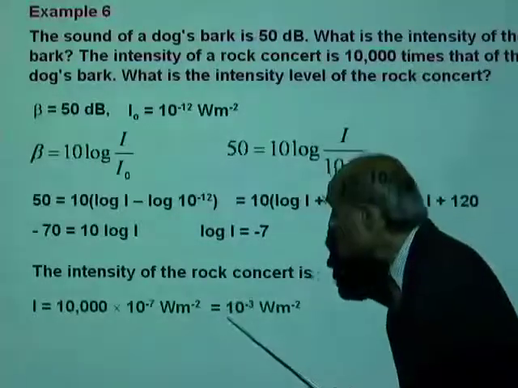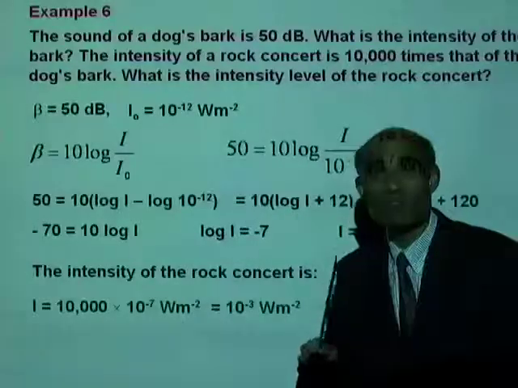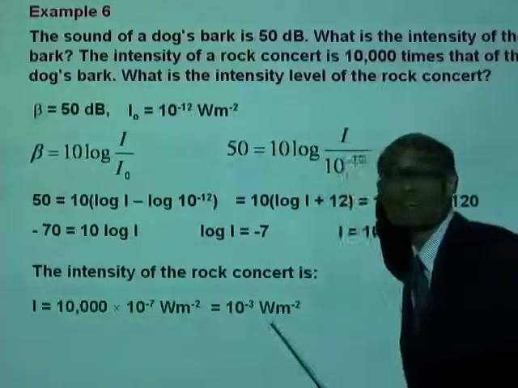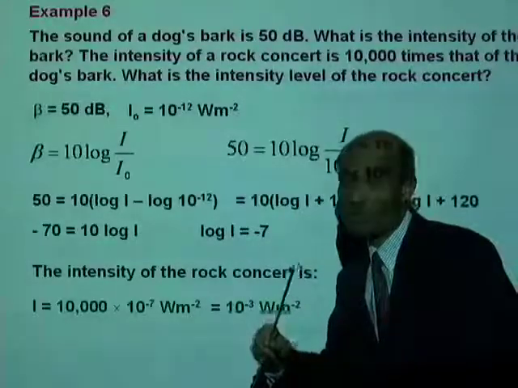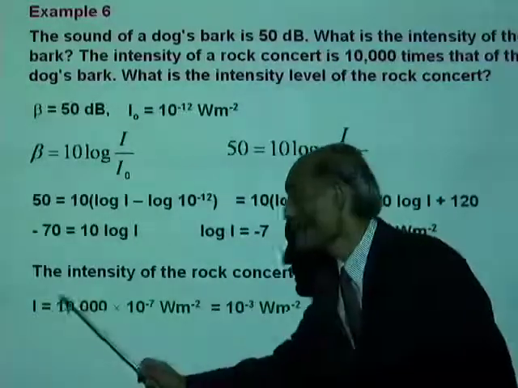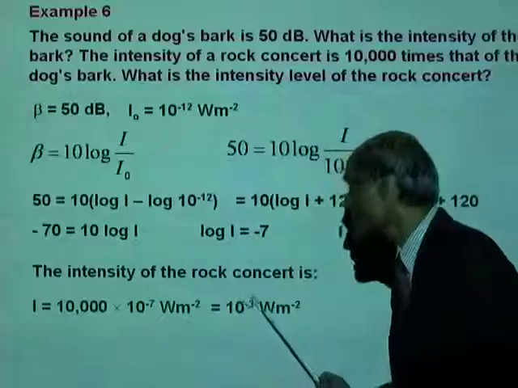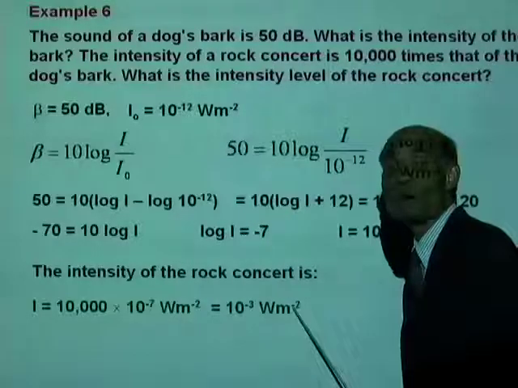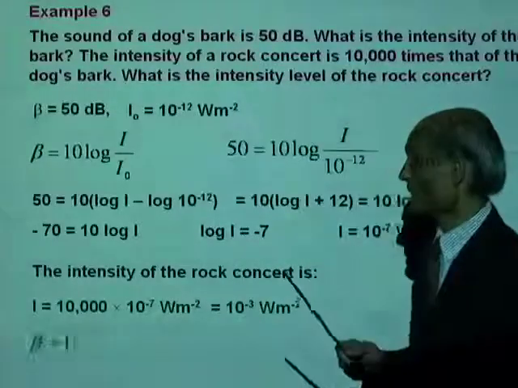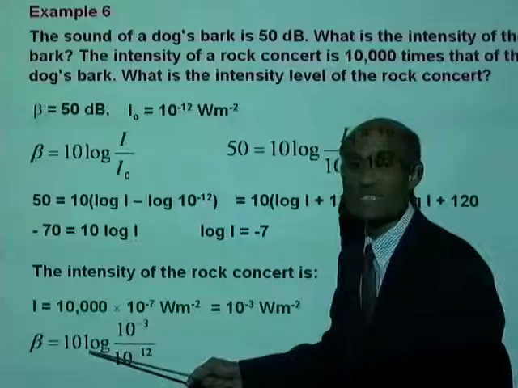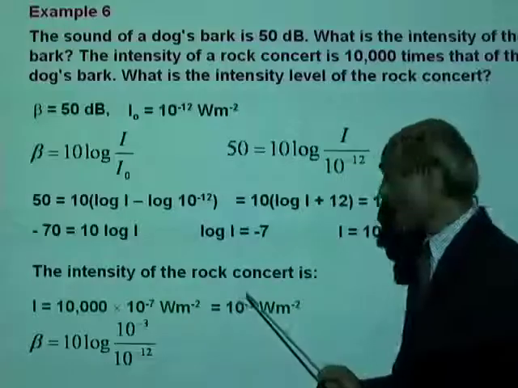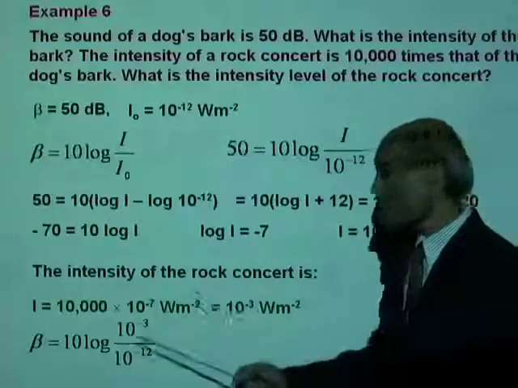And now you need to convert this to a decibel value, or find the intensity level of this intensity value. Again, I remind you, don't confuse between intensity and intensity level. Here I equal to 10 to the negative 3 watt per meter square. We need to find the corresponding intensity level. Alright, beta equal to 10 log I over I0. I here is 10 to the negative 3.